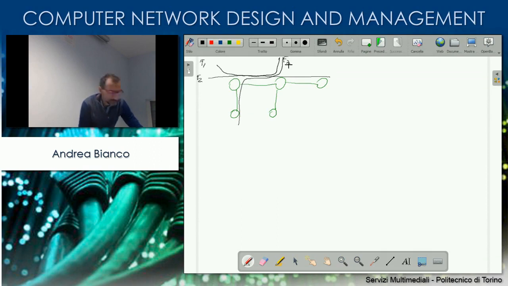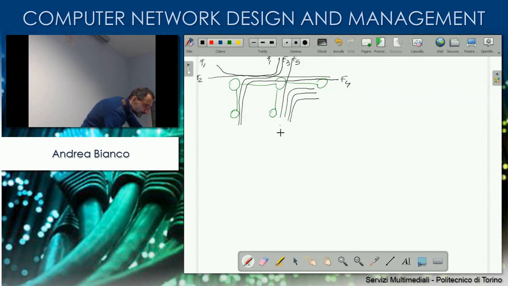And flow 4 is instead doing something like that. And then we have 5, 6, 7, and 8. Flow 5 is doing this. And then the other 3 are doing this. Okay? Flow 6, 7, and 8.